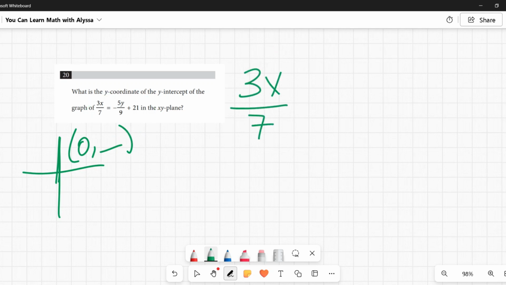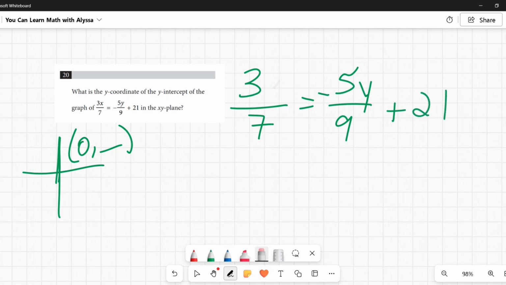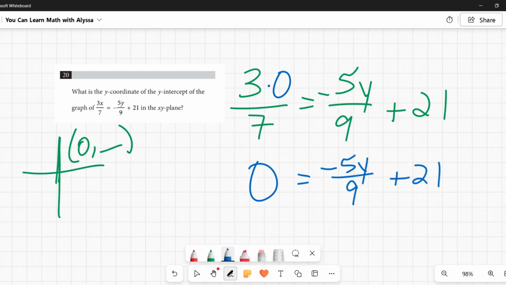So 3x over 7 equals negative 5y over 9 plus 21. If I were to plug in 0 for x, I would get 3 times 0 is 0, divided by 7, and that's just going to be 0 over here on the left, equals negative 5y over 9 plus 21.